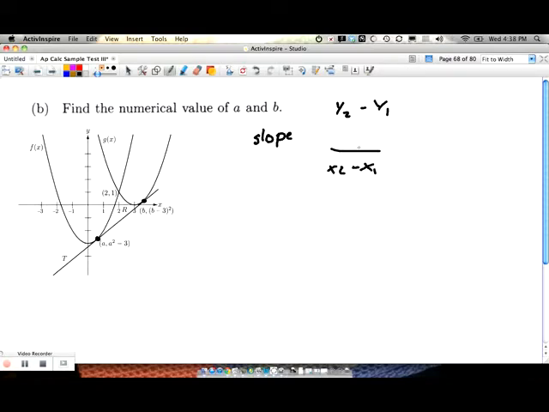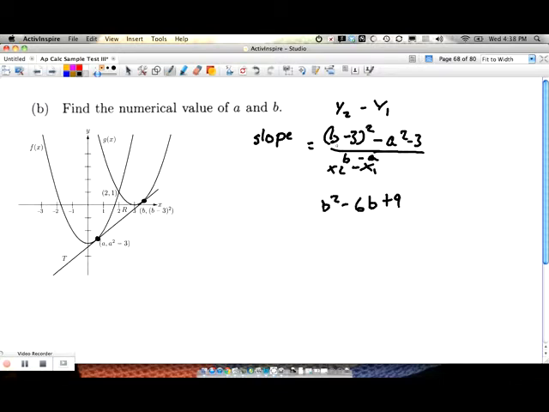Y2 minus y1, the difference of the y's, is going to be b minus 3 quantity squared minus a squared minus 3, over, then the x's are just going to be b minus a. We don't know what this slope is, but we know that it's equal to this. If we simplify that, we get b squared minus 6b plus 9 for that first term.